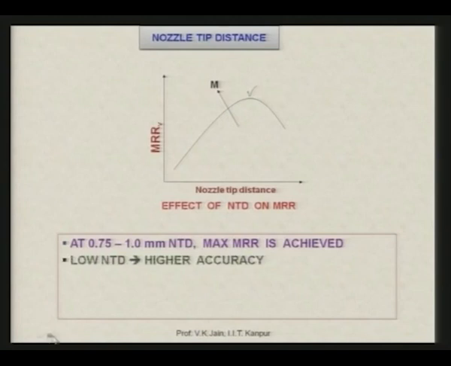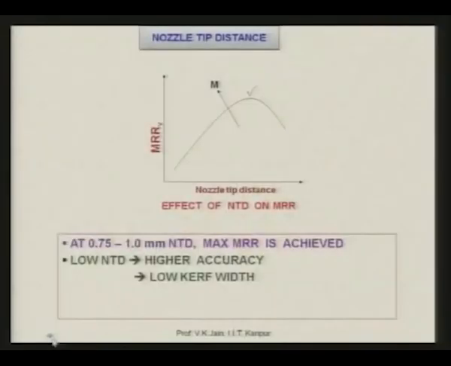Now, if nozzle tip distance is low, you will get higher accuracy. That means the gap between the bottom of the nozzle and the top surface of the workpiece is small, then you get more or less the reproduction of the shape of the nozzle cross section on the workpiece surface. You get low kerf width and low taper angle.